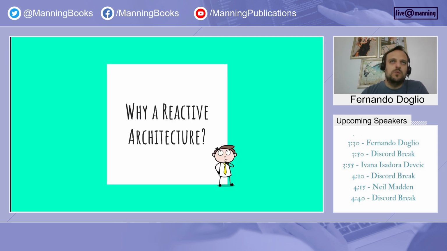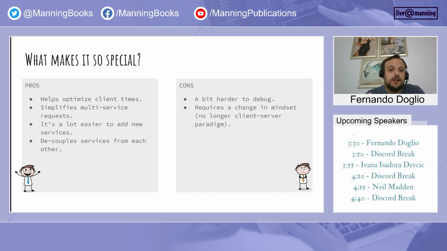Now that we know what a reactive architecture is, why choose it? Why go for it? Like I said, it helps optimize client time. It helps the client request something and be free to do other things at the same time. So while it doesn't really reduce time overall for a particular request, that's on the service side, the client itself is able to work on something else in the meantime.